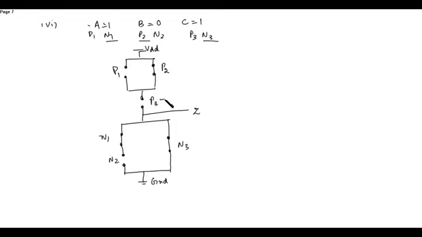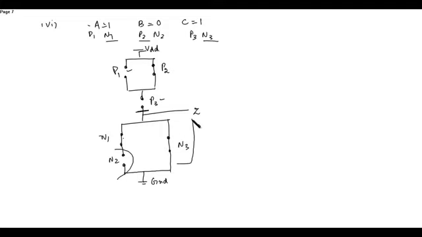So here P3 is open circuited, P1 is open, so this will block the high voltage. Here N1 is shorted but N2 is open, N3 is short. So since N1 and N2 are in parallel with N3, so this short circuit will not affect.